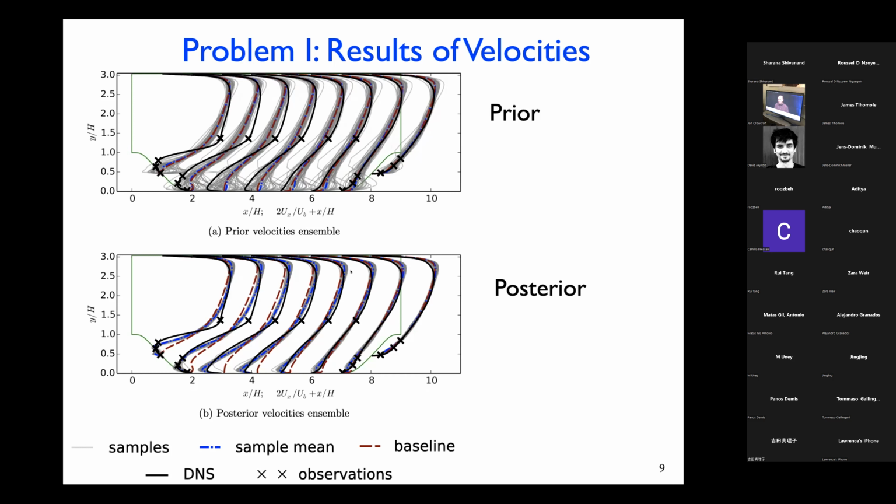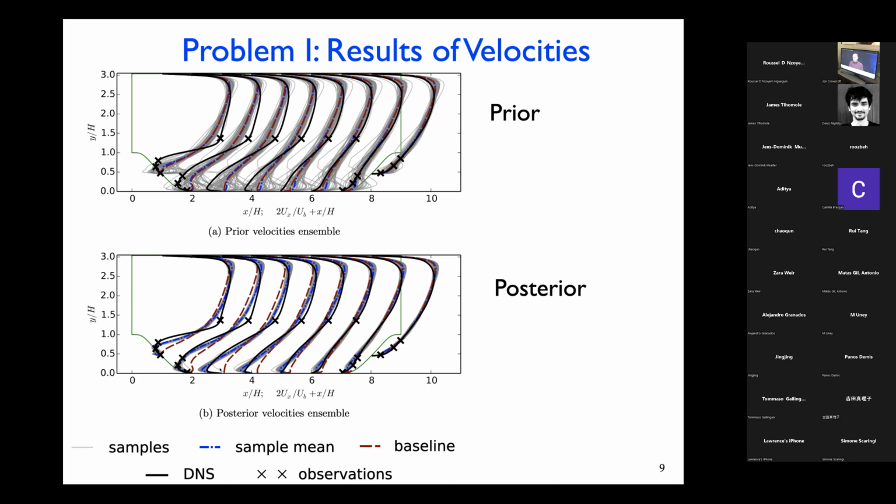But after we incorporate the information carried by the sparse observations of velocity at the black crosses, we can see that the posterior distribution of the velocity field has a much better agreement with the DNS truth, especially in the region with recirculation.